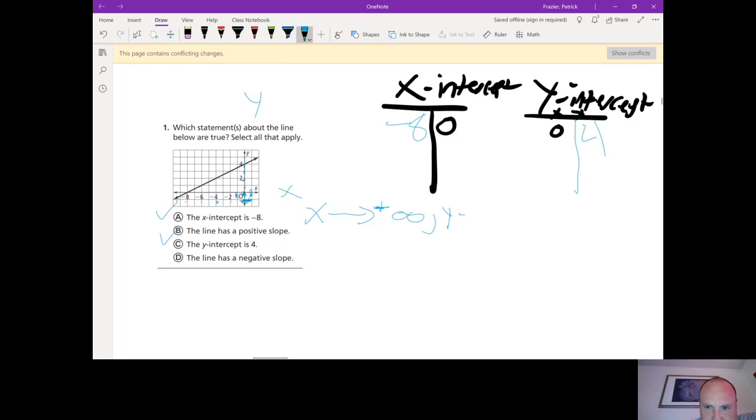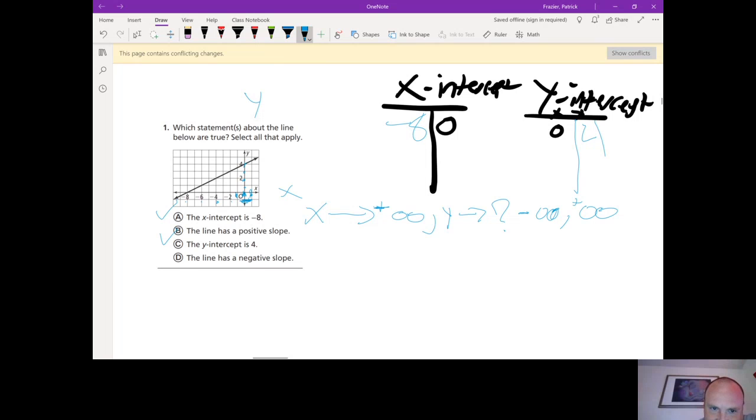Is y approaching negative infinity, getting smaller, or getting bigger, going towards positive infinity? This is what we call end behavior, a skill that would be stressed when you take Algebra 2.